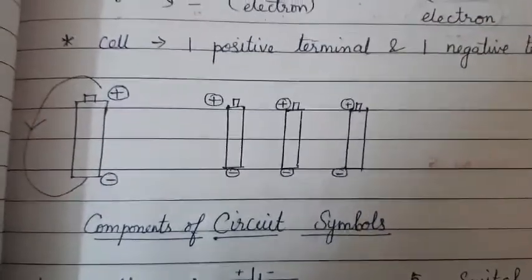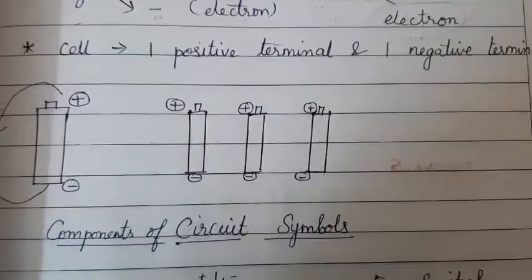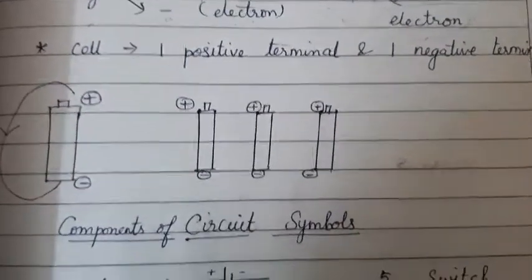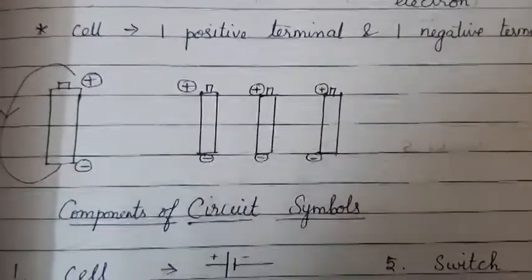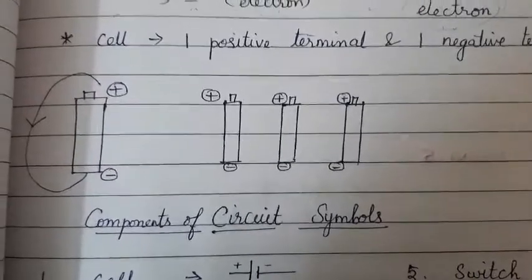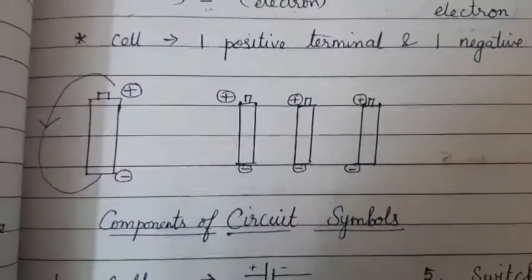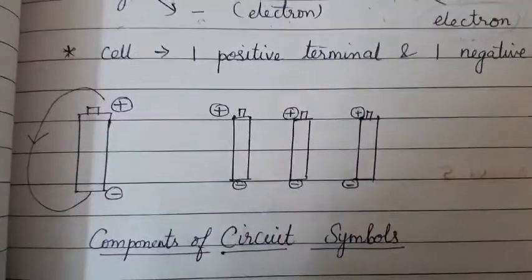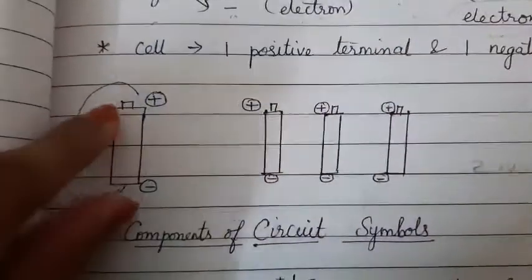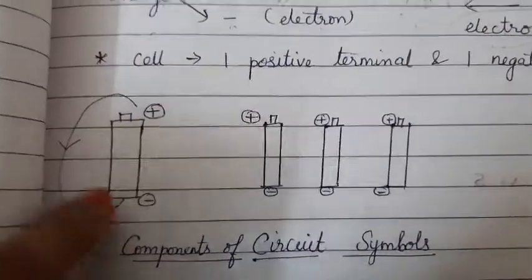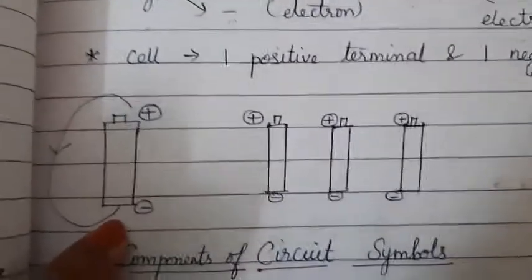So what is a cell? You learnt in your 6th standard itself, right? A cell is nothing but a container having some chemicals enabling the flow of charges from one end to the other end. A cell will have two ends, positive end and the negative end.